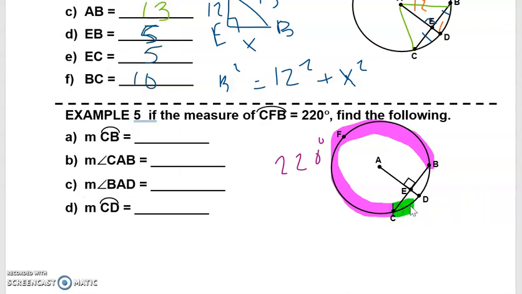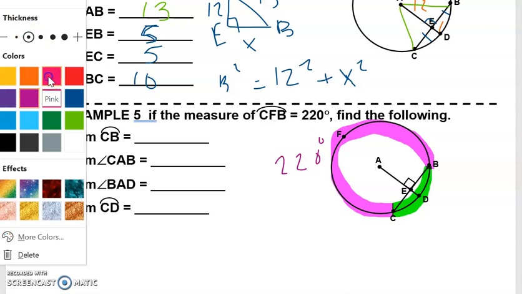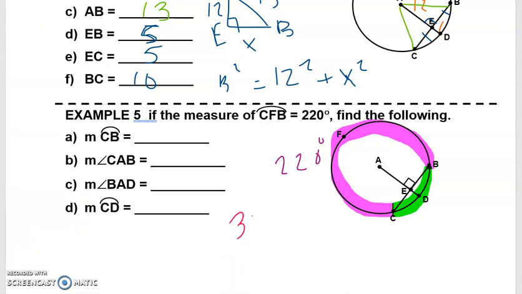That's this arc. So remember, you're going to need to subtract. So we're going to have 360 minus 220, which is 140.